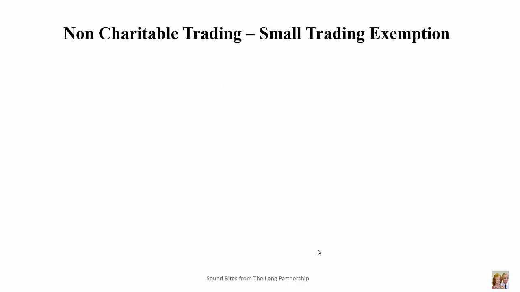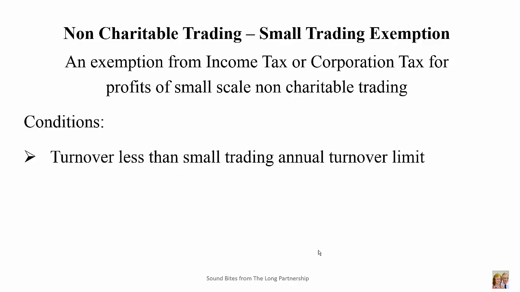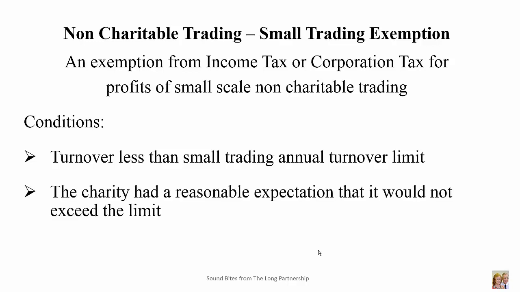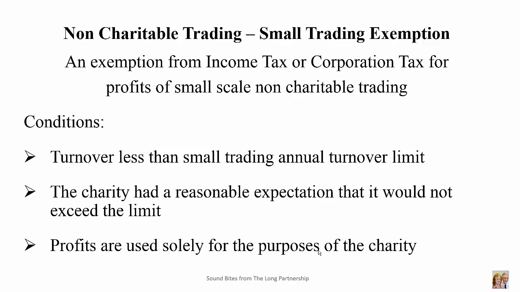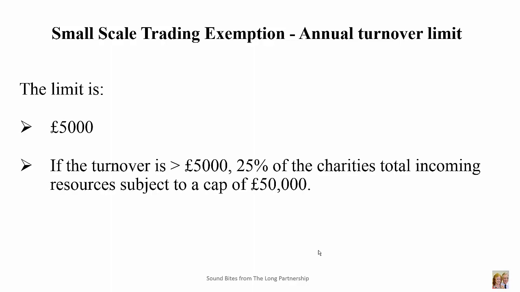The next situation to look at is where the trade is wholly non-charitable. So this will be where a charity carries on some trading activity in order to raise funds in order to finance its charitable operations. There are a number of conditions, but the principal one is a turnover test. The turnover limit here is the higher of £5,000 or 25% of the charity's total incoming resources, capped at £50,000.